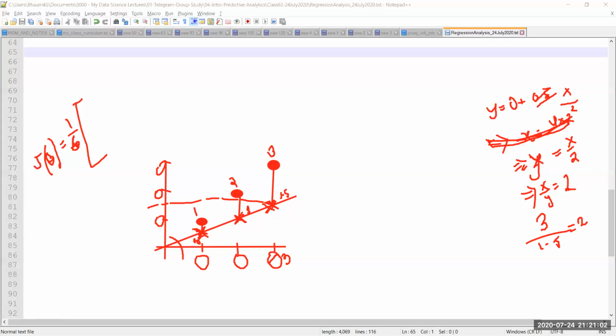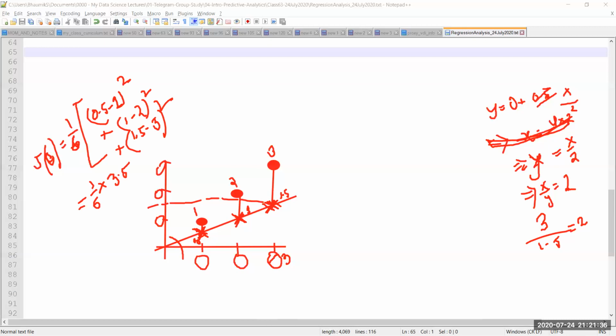So this value is 0.5, this value is 1, this value is 1.5. These are the predicted values, and these are the actual values. So I subtract the predicted values, h of theta x, from the actual values: 0.5 minus 1 square, plus 1 minus 2 square, plus 1.5 minus 3 square. I've already done the calculation earlier, so I'm just going to give you the rough answer.